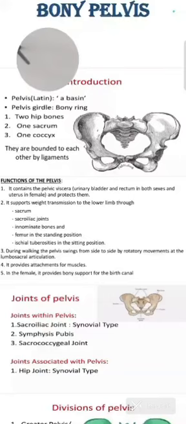During walking, the pelvis swings from side to side by the rotatory movements at the lumbosacral articulation. It also provides muscular attachments, and one main function in the female is that it provides bony support for the birth canal. So these are the main functions of the pelvis.